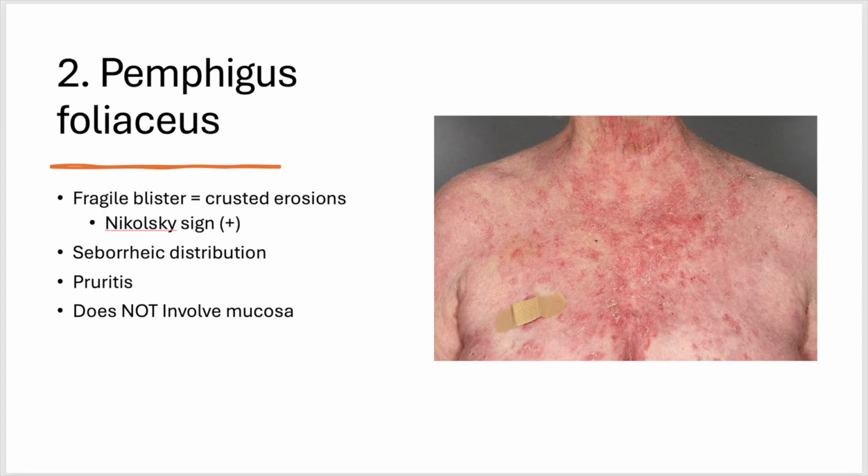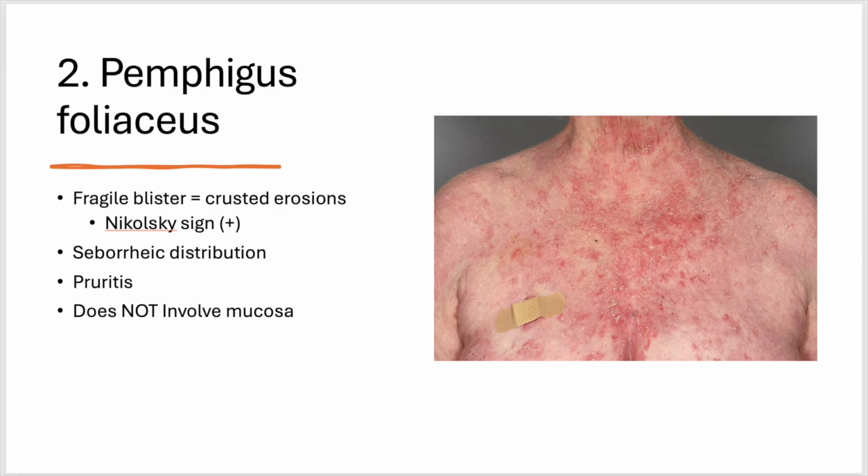off with pressure. The distribution is important. It typically shows up in a seborrheic pattern, meaning areas like scalp, face, upper chest, and back are usually involved. One big clue is that it does not involve the mucosa, which helps you distinguish it from pemphigus vulgaris.